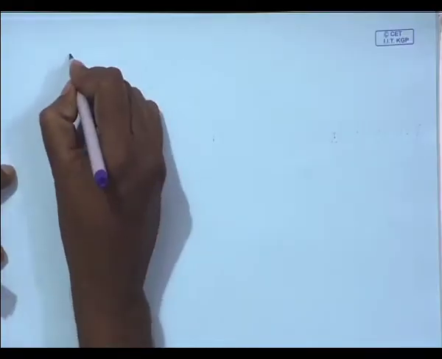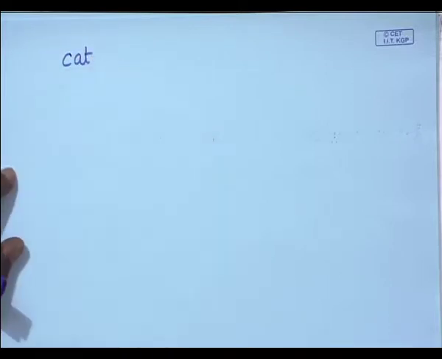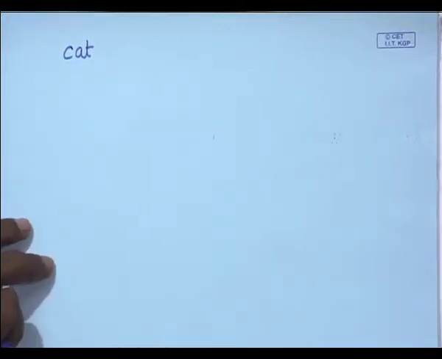So, if I simply write cat, C A T. If I want to recognize this word cat as it is spoken, you find that this word can be broken into three different phonemes. The first phoneme is say ka, the second phoneme is a, and the third phoneme is ta.